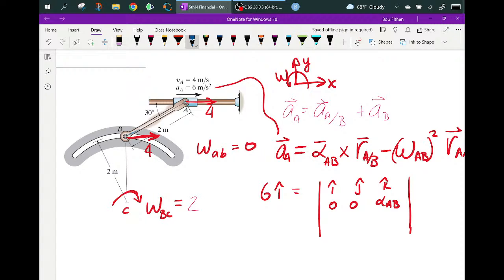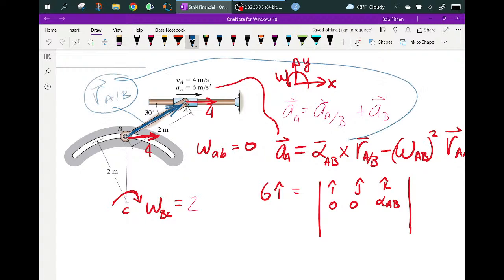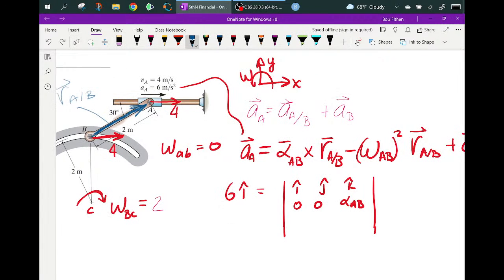So if I'm looking for this vector right here, this is R pointing to A, originating from B. Same thing that sits right there. And that is 2 cosine 30.